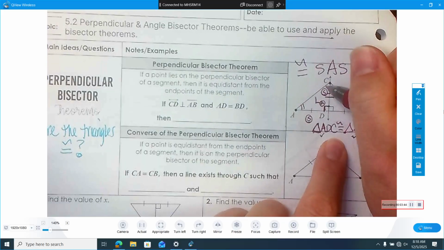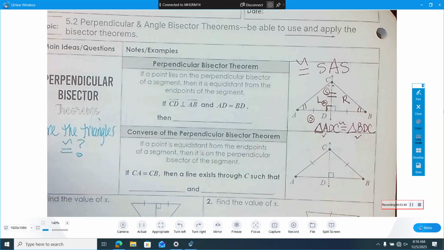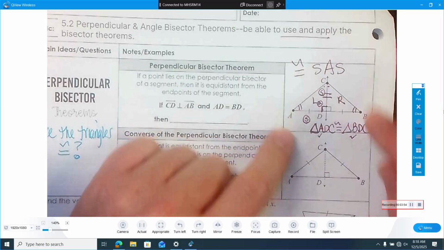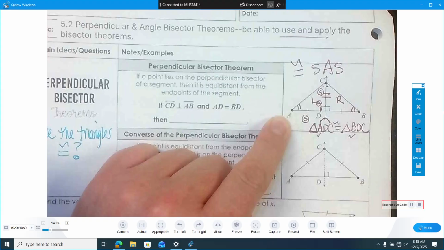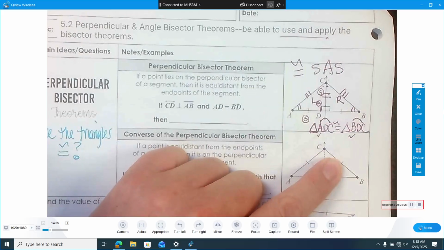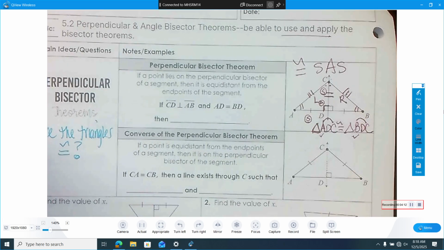And angle C, that little guy up here, is congruent to this little guy, of course. But I also know segment CA, this side, is congruent to BC, this side over here. So just because we have congruent triangles, we know a ton of information. Does that make sense to you?